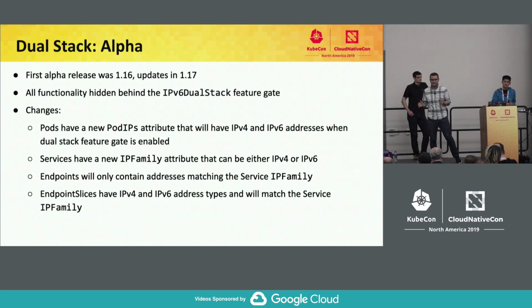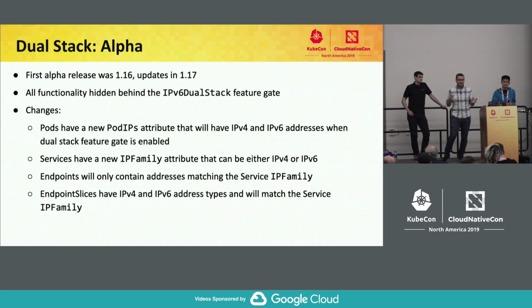The first release for alpha was 1.16, and we got some updates in 1.17. All functionality is hidden behind a feature gate, IPv6DualStack, and the changes involved right now are that pods will have a new podIPs attribute. That podIPs attribute will contain both an IPv4 and an IPv6 address.